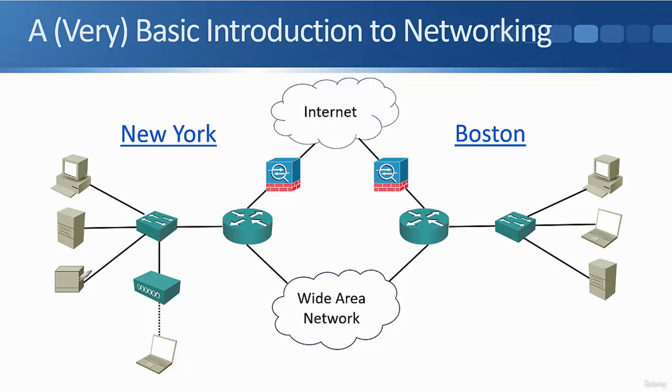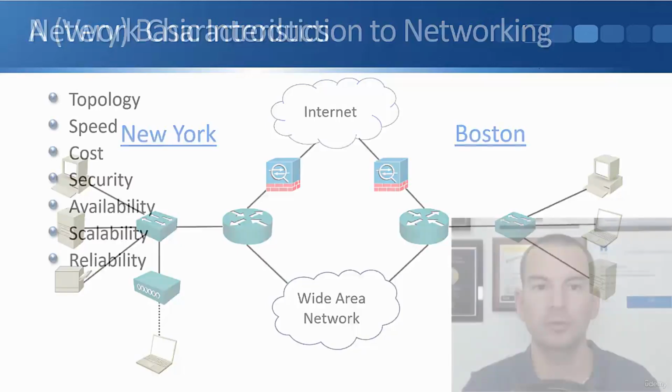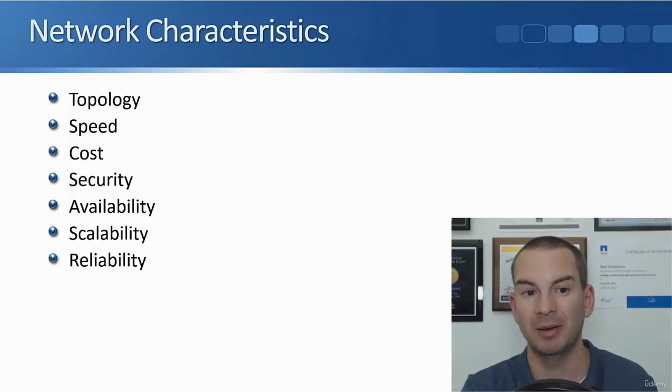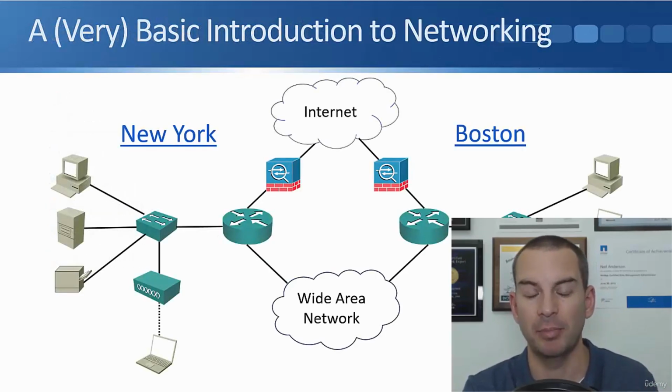Okay, so that's a really quick overview of networking. And the point of networking is to allow that connectivity between our different end hosts on the network. So looking now at the characteristics of a network, we've got the topology. If I just go back to that previous slide, this is an example of a network topology diagram.